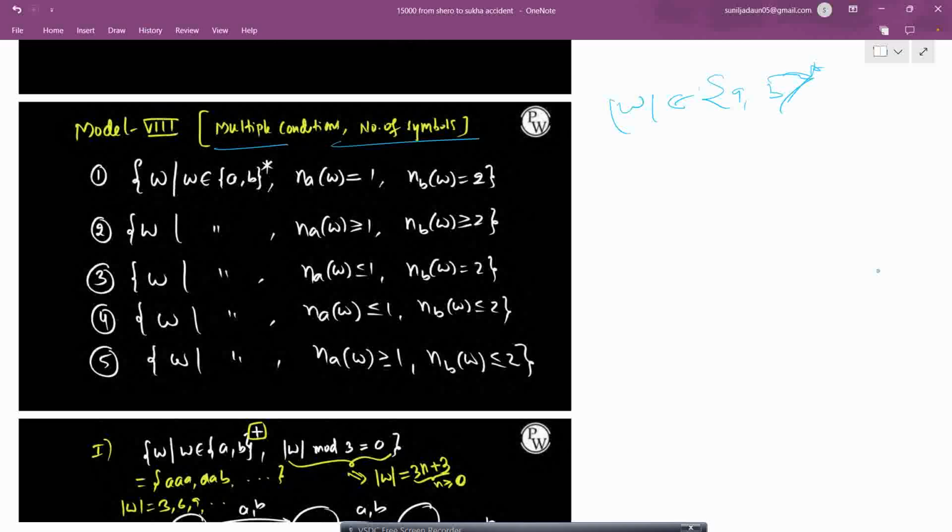This is the case, number of a in w is equal to 1 and number of b is equal to 2. Multiple conditions. How will we do these? This is a, this is b, right? b is 2, but the place is not defined here. But how would we do that? a plus b, right?